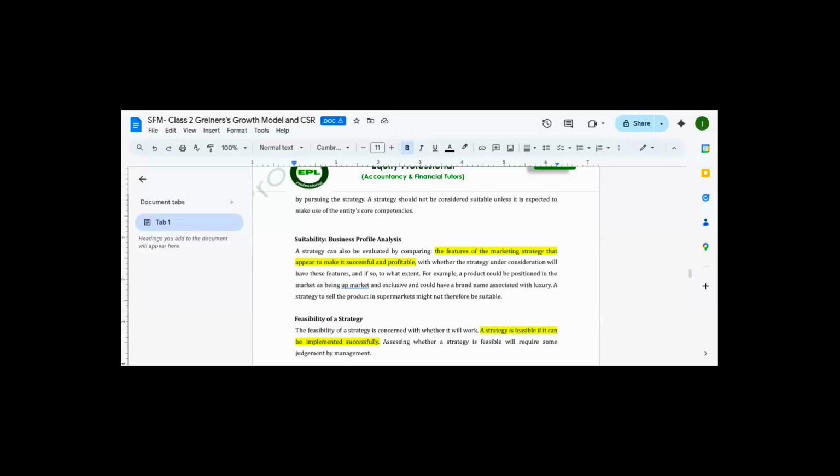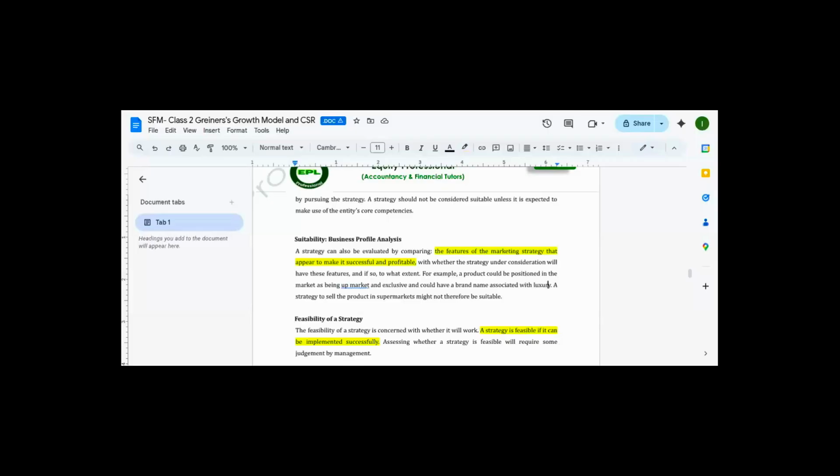So we have to ensure that a strategy can also be evaluated by comparing the features of the marketing strategy that appear to make it successful and profitable. That one has to be considered. For example, here, a product could be positioned in the market as being off market and exclusive, and could have a brand name associated with luxury.